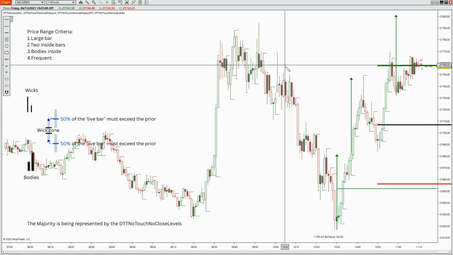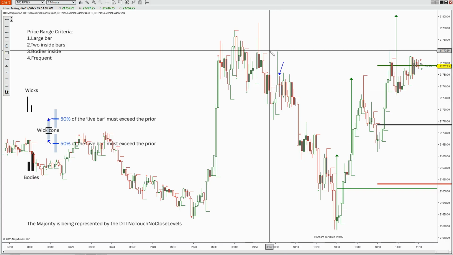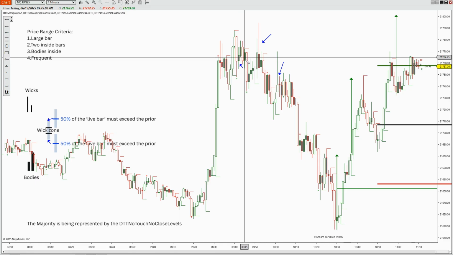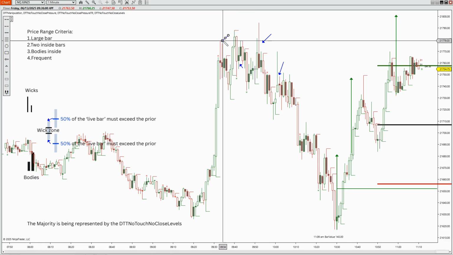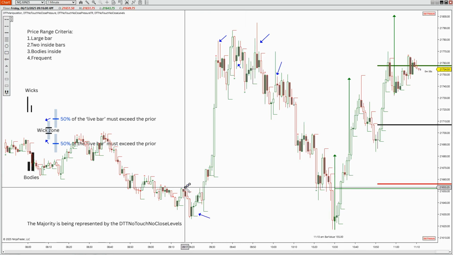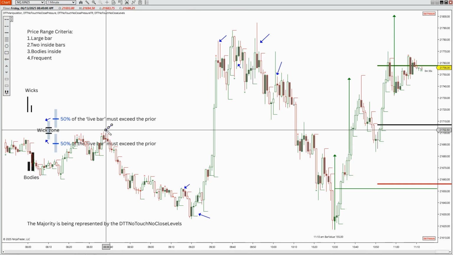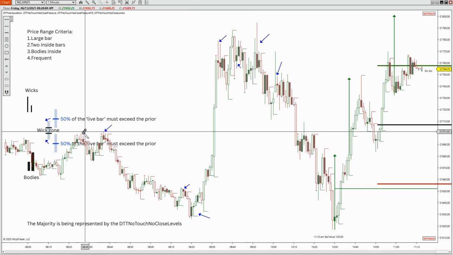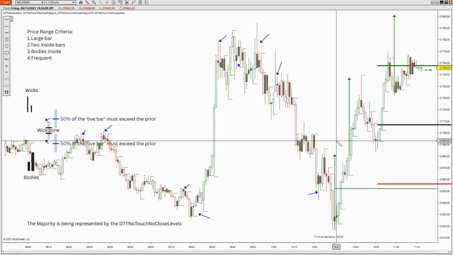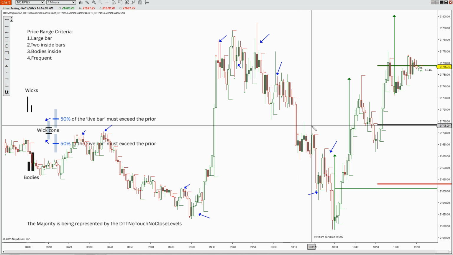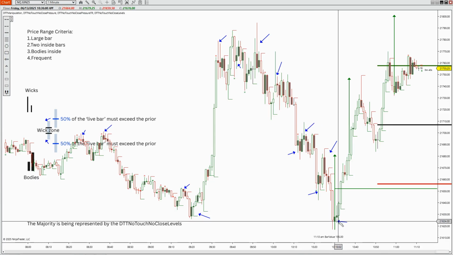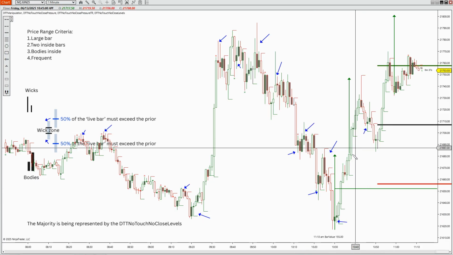Before this decline, you had two inside bars. You were running into a problem here and it kind of fell down. Wherever you're seeing two inside bars, two inside bars, it just didn't want to go, and it turned around.